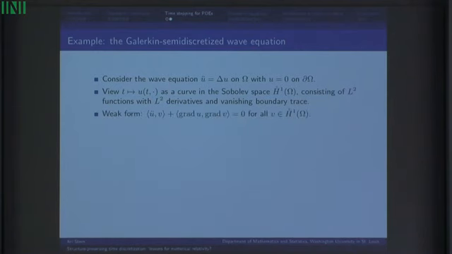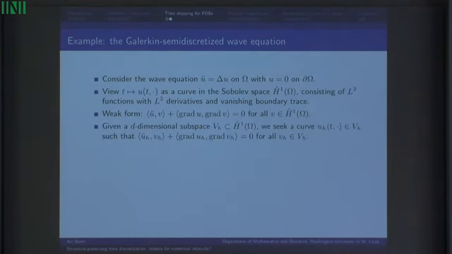So I can write this in the following weak form. Here the angle brackets represent the L2 inner product. If I rearrange this, take the inner product with a test function v, and integrate by parts in space, I get this weaker variational form of the problem, where v is an arbitrary test function in H^1_0.